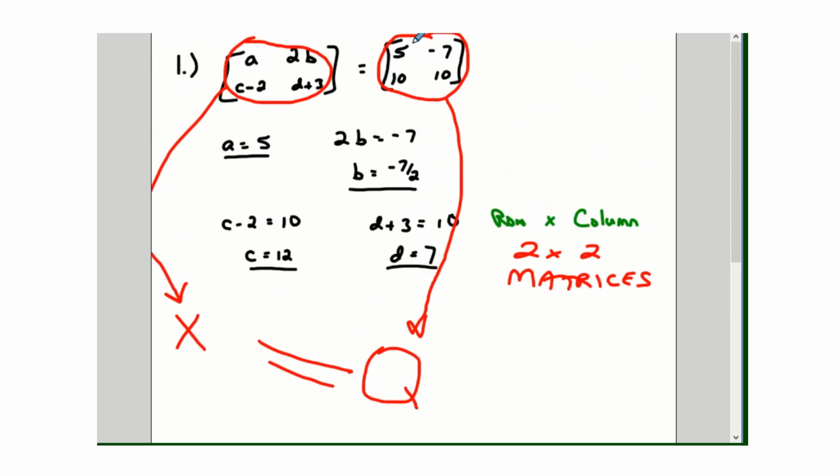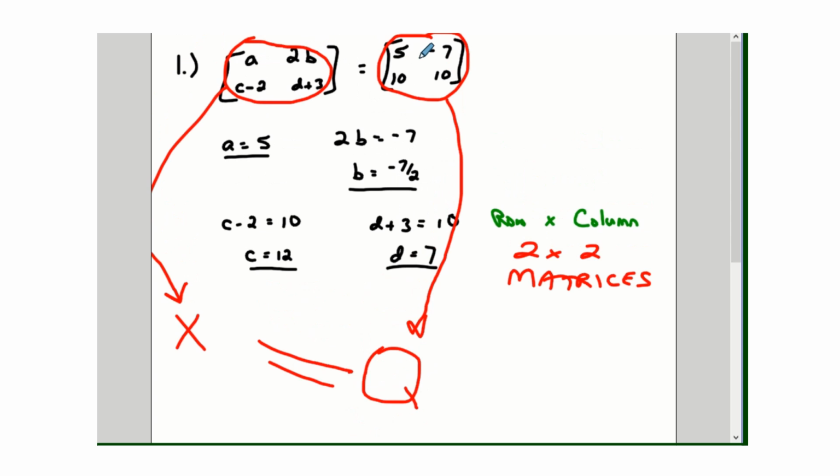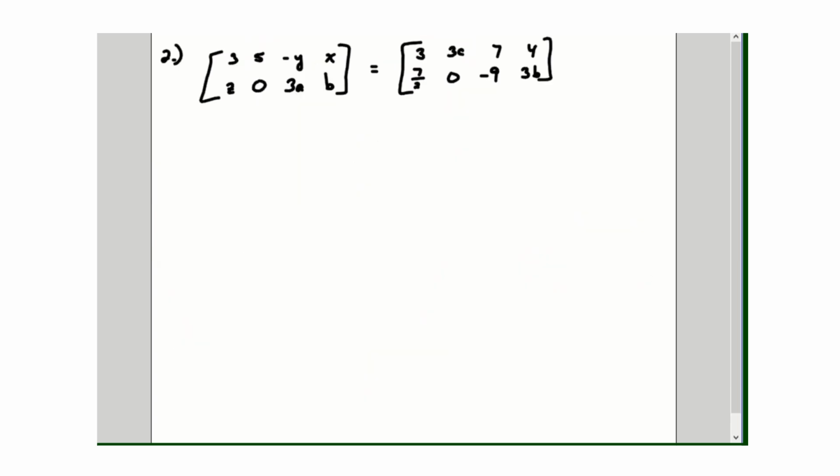I could have used any capital letter other than X for this matrix here. So then I use the corresponding lowercase letter for an individual element. First row, second column. That's that -7 there. Okay, now you try and do number 2.